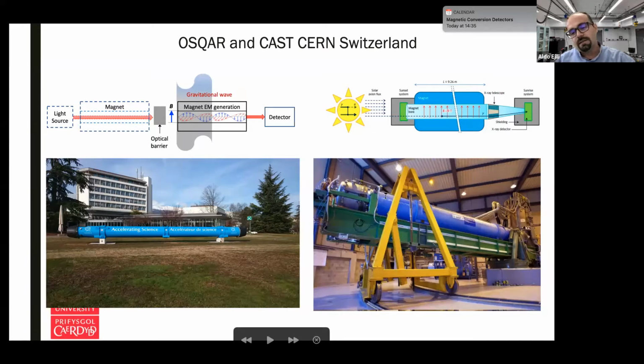The other experiment is the helioscope experiment, where you have one of these blue magnets from CERN mounted on a movable platform that can track the sun, because they wanted to see axion conversion in the core of the sun. If we neglect the axion conversion, all these detectors are suitable for constraining gravitational waves coming from the sun or coming from a stochastic background.